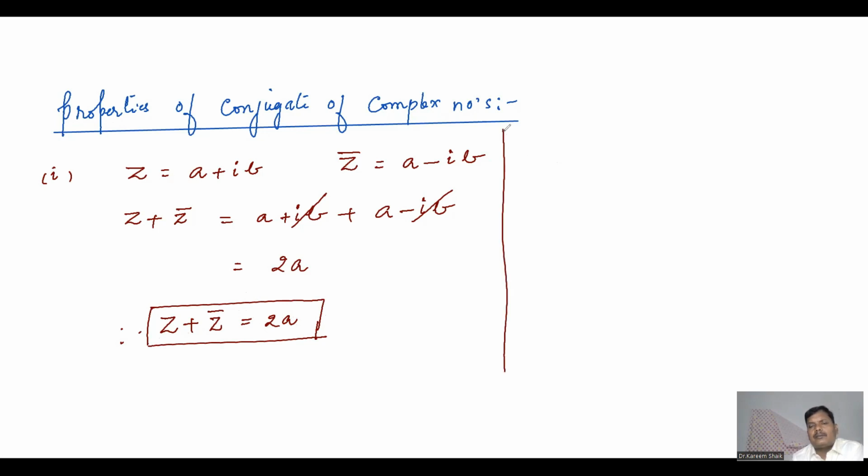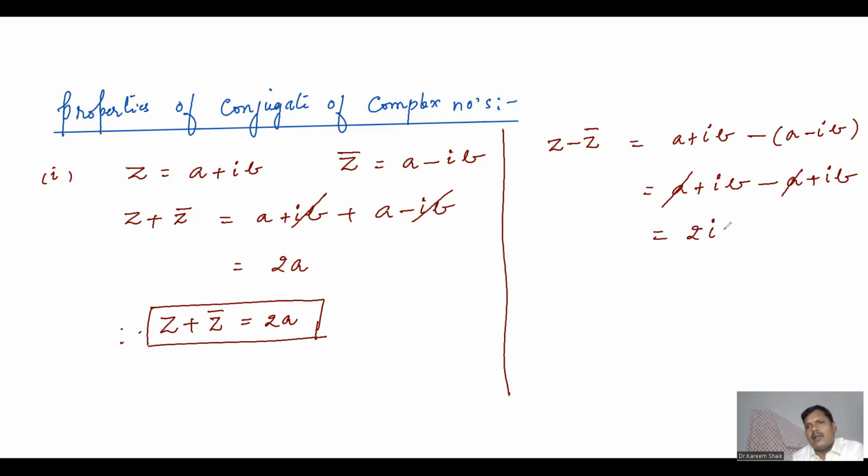Now, we will discuss z minus z bar. Similarly, a plus iota b minus of a minus iota b. That means a plus iota b minus a, negative of negative, positive iota b. Now a will get cancelled, and you will get 2 times iota b.